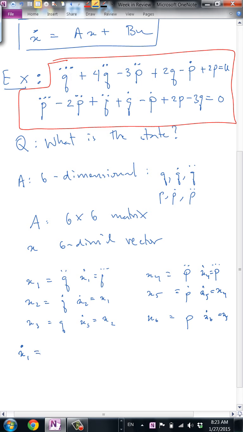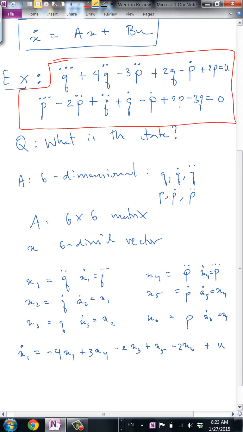So this is going to equal minus 4q double dot, which is minus 4x1, plus 3p double dot, which is plus 3x4, minus 2x3, minus p dot, which is plus x5, minus 2x6 plus u.